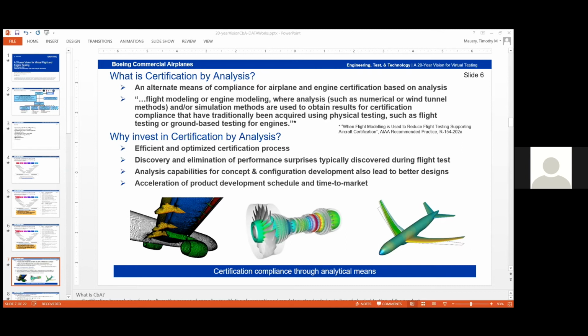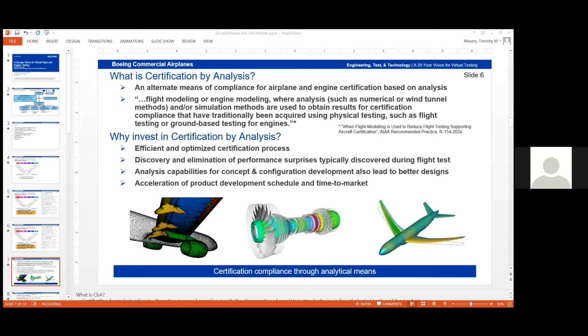Moving to analysis would take the flight testing aspect of certification off the critical path.